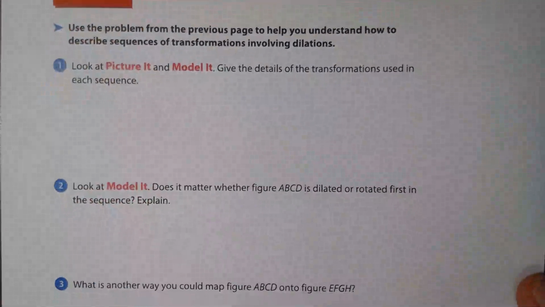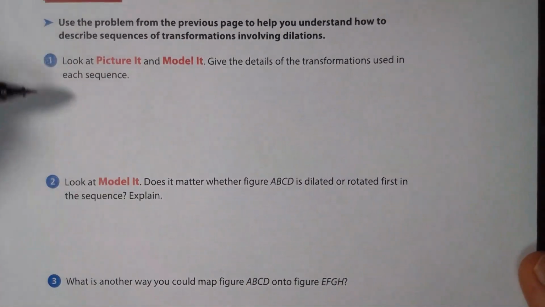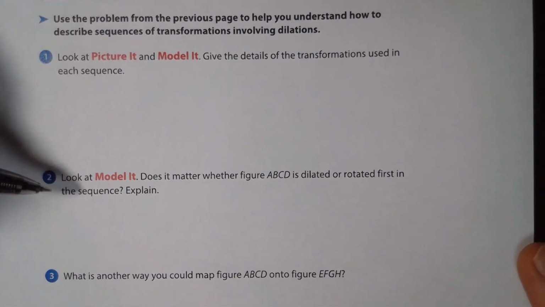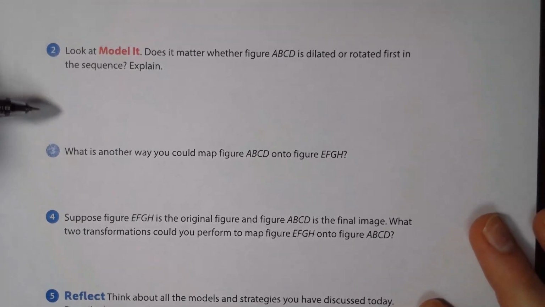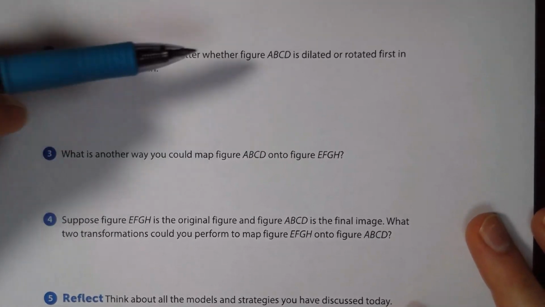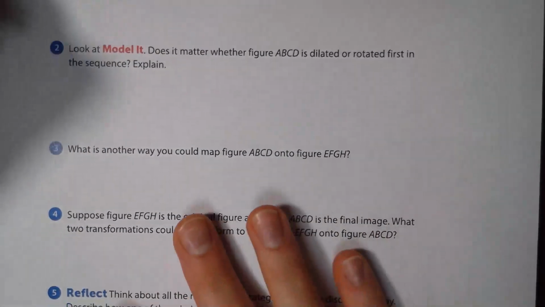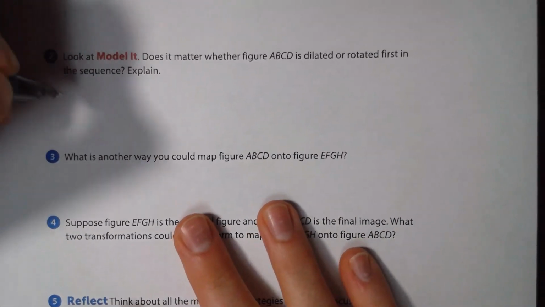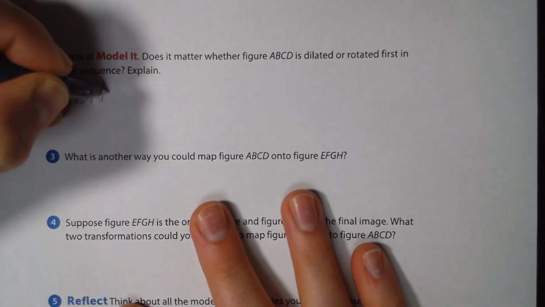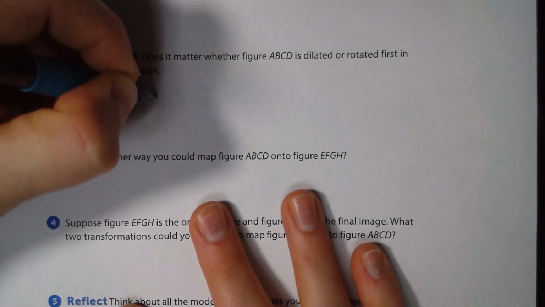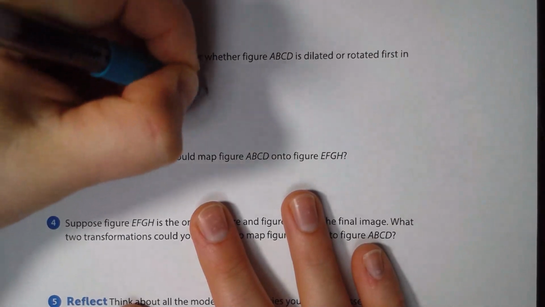I'm skipping the next page and I'm going on to this page. Now, there's not a lot that I want to write down here. You could write down your transformations that we use, but we already wrote that down. Does it matter whether it's dilated or rotated first? Either way works.